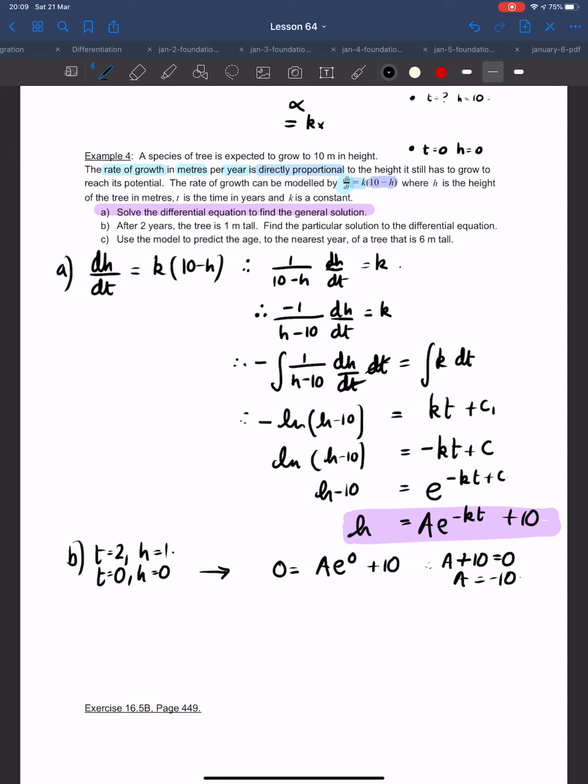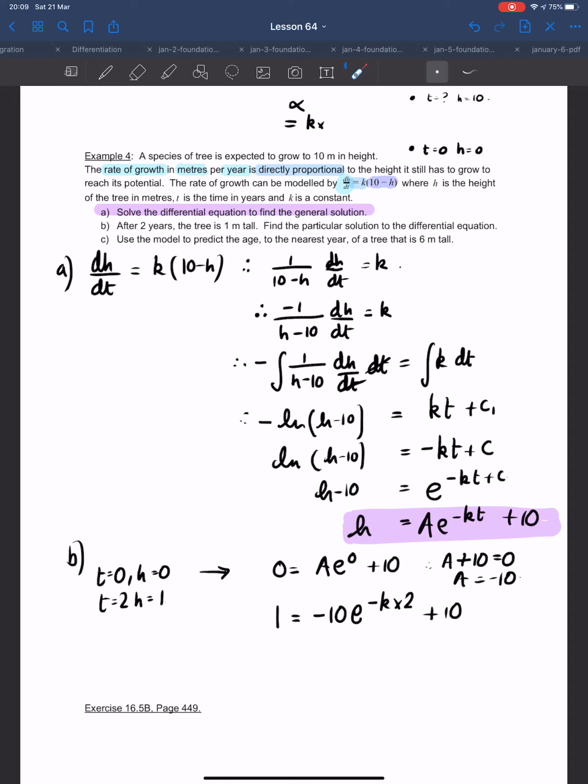So that's the first one. Now I'm going to substitute in the other bit. t equals 2, h is 1. So we get 1 is A, which is minus 10, e to the minus k times 2, plus 10. Okay, so h is 1 there, t is 2, minus k, e, A is minus 10 from there, plus 10.